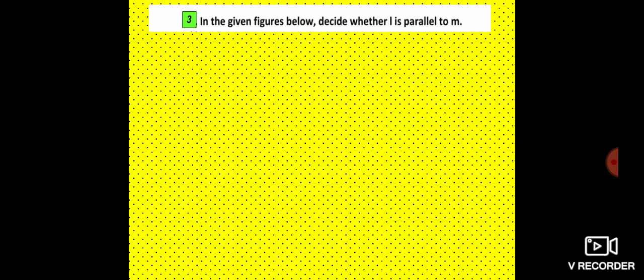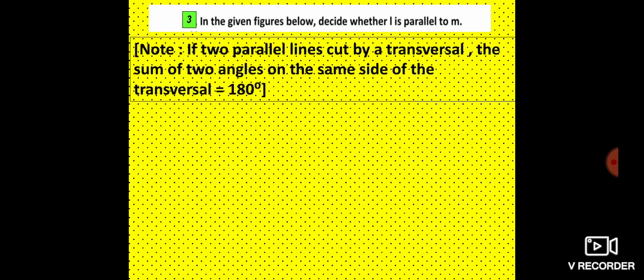Next question, question number 3. In the given figures below, decide whether L is parallel to M. Here the measurements are given. We have to decide whether the given lines are parallel or not. We already studied that if two parallel lines are cut by a transversal, the sum of two angles on the same side of the transversal is equal to 180 degree.